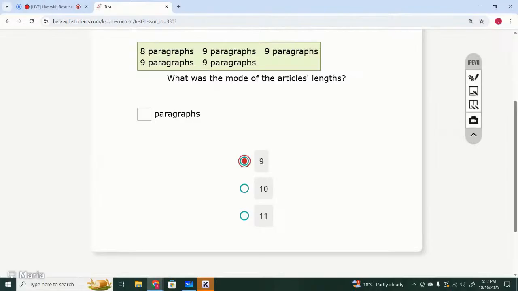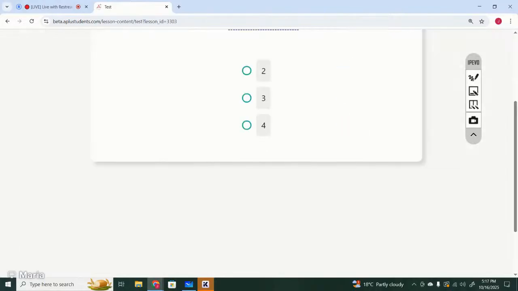The correct option is 9. 9 is the number that appears the most.